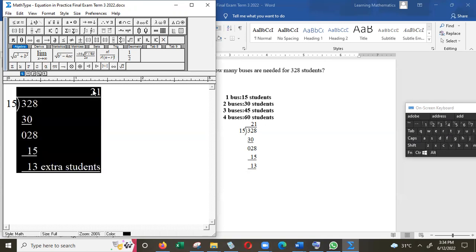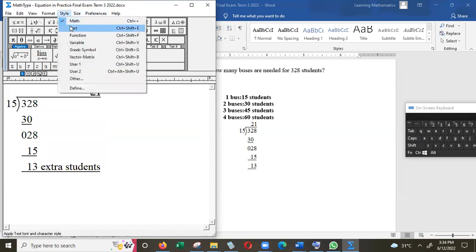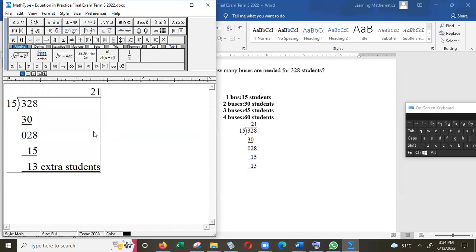So those 13 extra students now, where are we going to put them? On a bus, obviously. So we would need an extra bus for those 13 extra students.